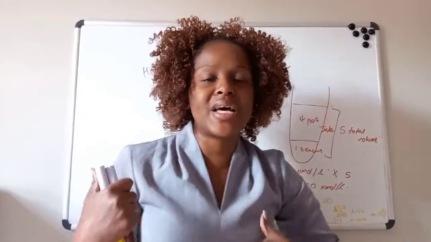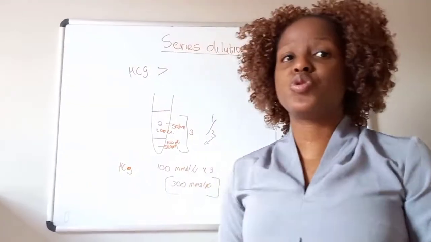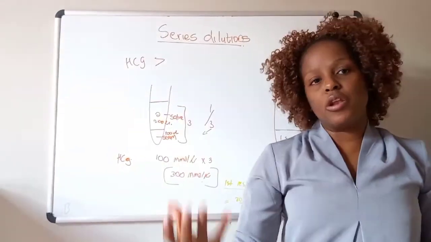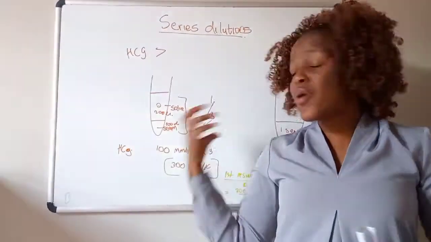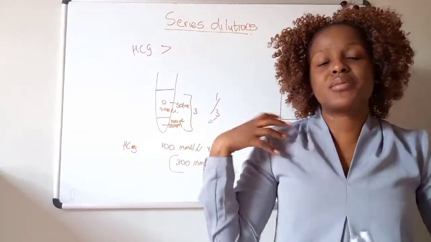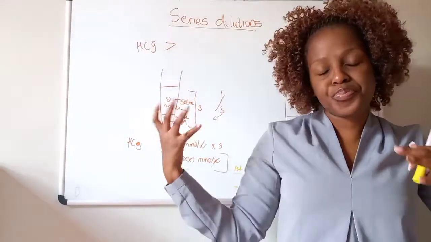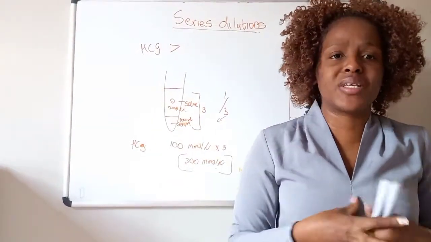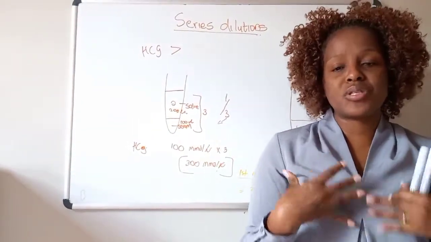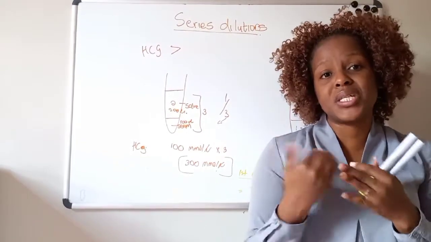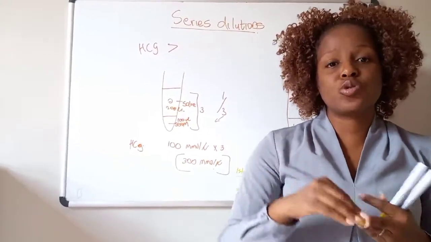So basically these are the series of dilutions that we will do, and how you can put the dilution factor into practice, as well as multiplying the results with the dilution factor and getting the percentage difference between 2 results. I want to stress that it's important to get the percentage difference between the 2 results.